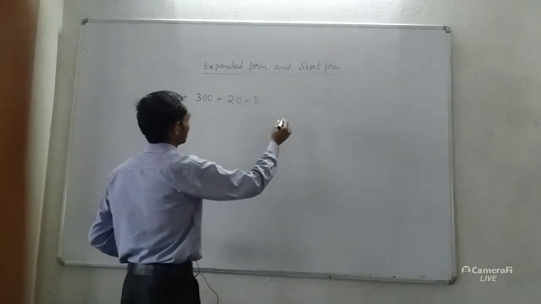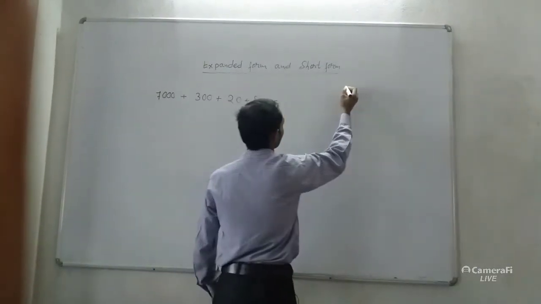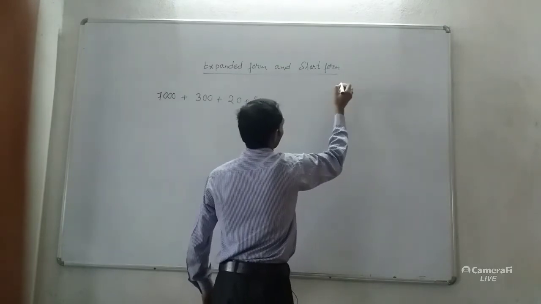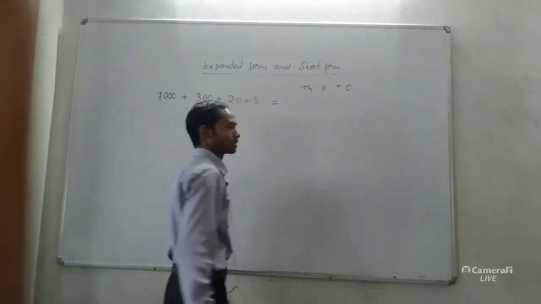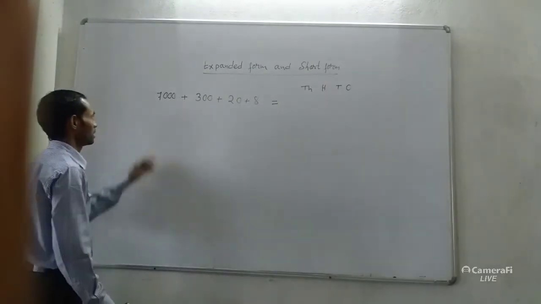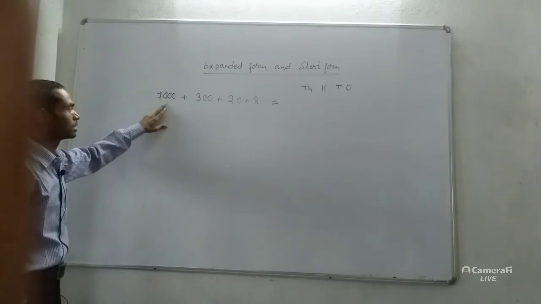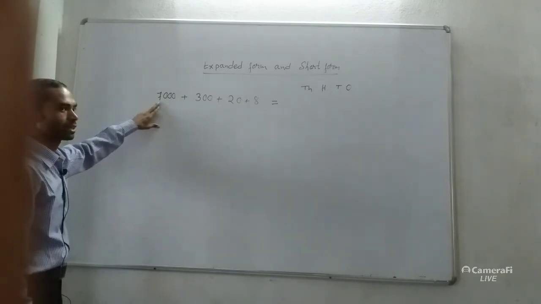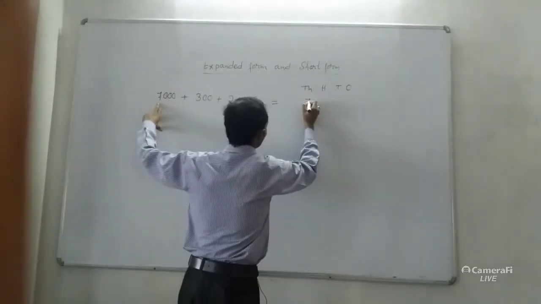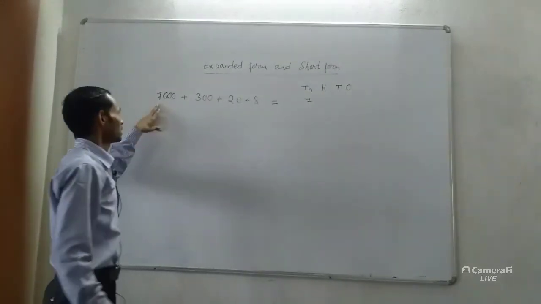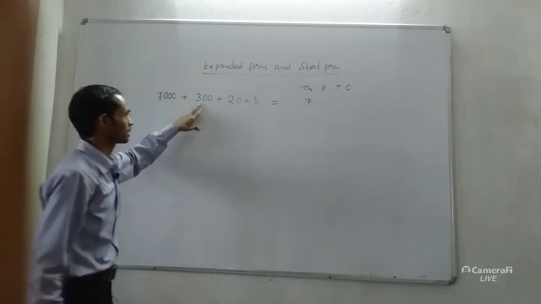So to find it, we will prepare a place value chart: 1, 10, 100, 1000. Now check, the highest number is 7000 and 7 is coming at the 1000 place. So we will put 7 at the 1000 place. Next is 300. So 3 will come at the 100 place.